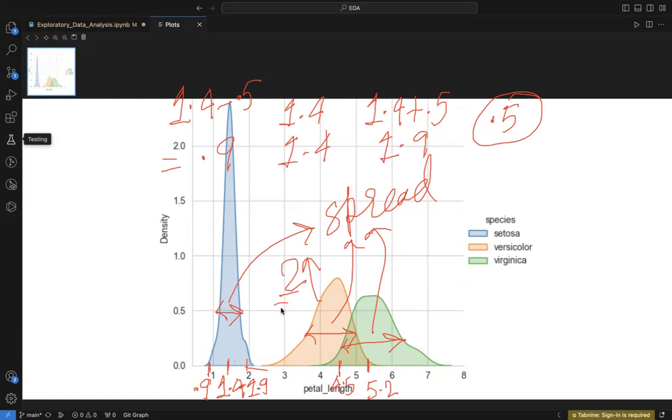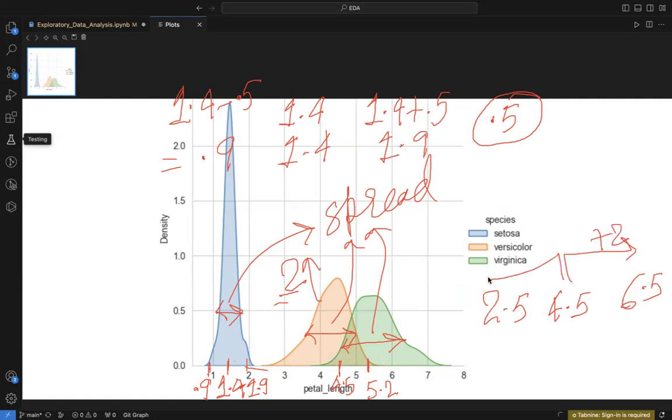Just assume that. So even though my mean is 4.5, if this spread is 2, I know that they typically lie between 2.5 and 6.5. Why 2.5 and 6.5? If I add 2 to 4.5, I get 6.5.